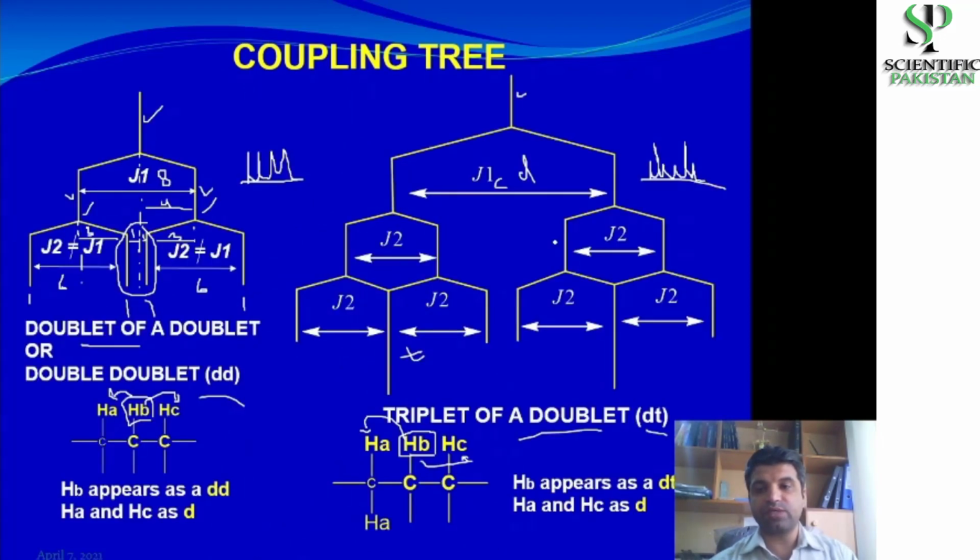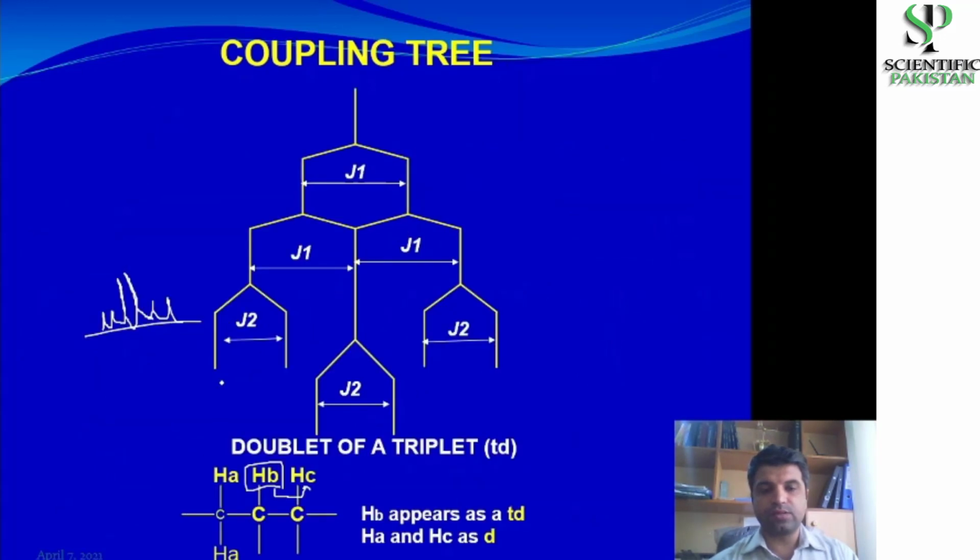But in the previous case, you say that this looks like a doublet which is split into 3. The relative intensity of the arms would be 1, 2, 1, 1, 2, and 1, because here we have the merger of 2 lines. In this case, this relative intensity would be 1, 1, 2, 2, 1, and 1, right?